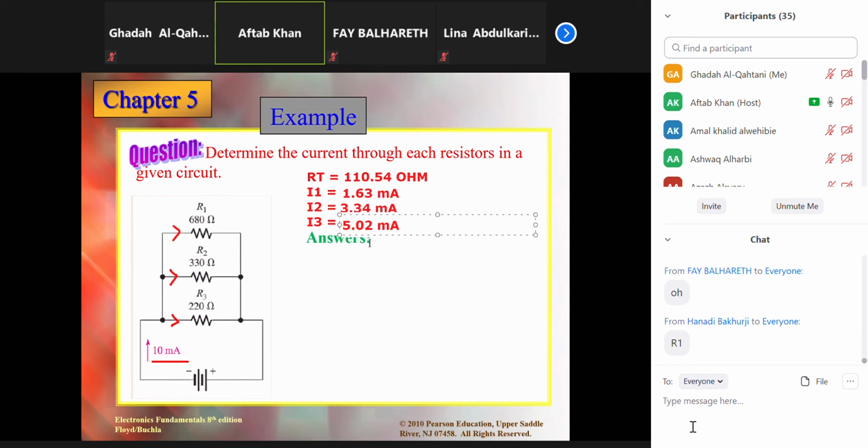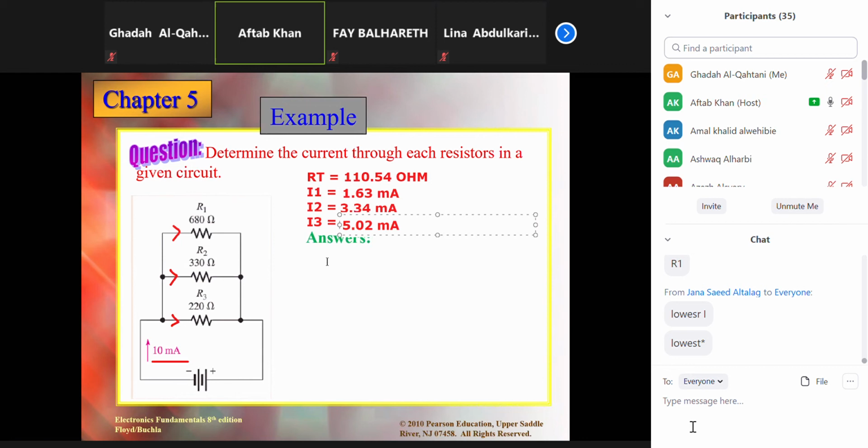R1. So the largest resistance has the least current, because it opposes the flow of current. It says, no, I will not allow it to flow, so it will resist more. This is the point here. All right, good, so you got the point.